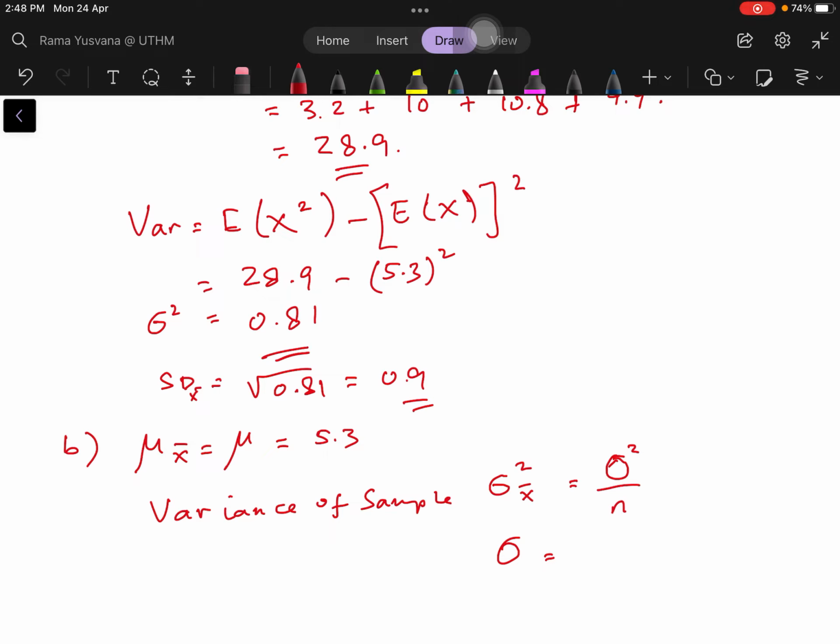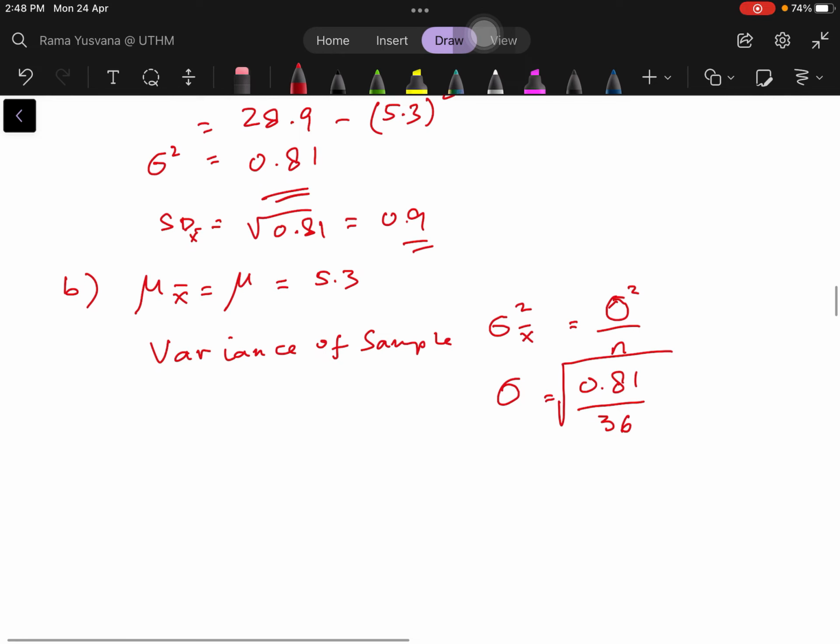You already know that it's 0.81 divided by n, and essentially we take a square root on the right for n equals 36 to get the standard deviation.